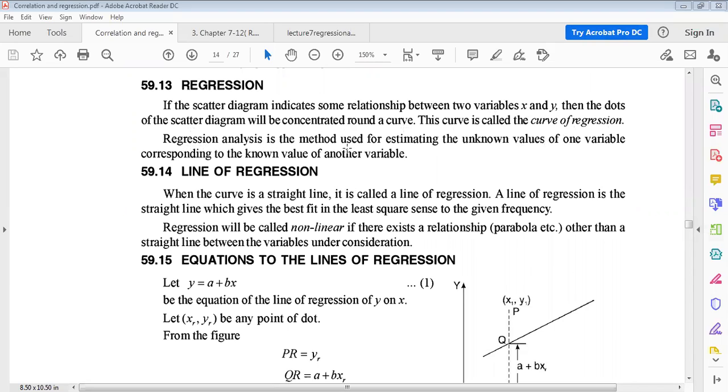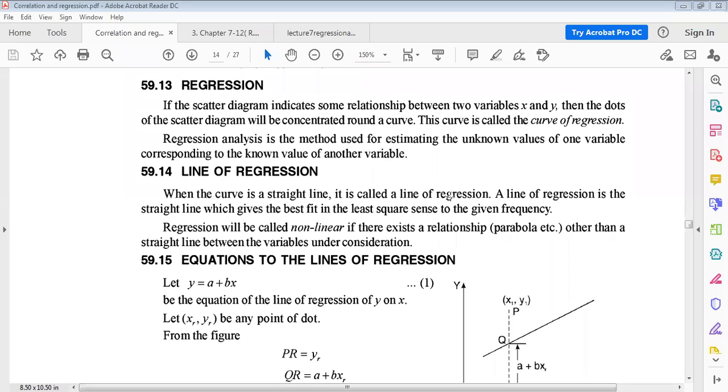And regression analysis is the method used for estimating the unknown values of one variable corresponding to the known values of another variable, because there is a straight line y equals mx plus b. So the line of regression: when the curve is a straight line, it is called linear regression.